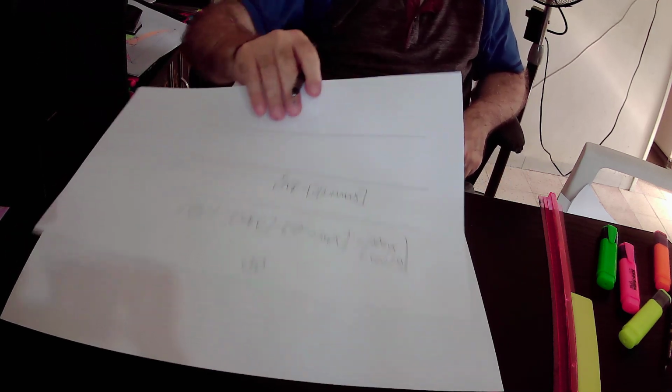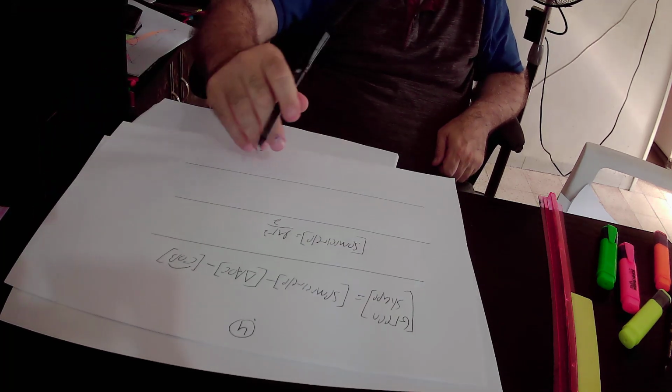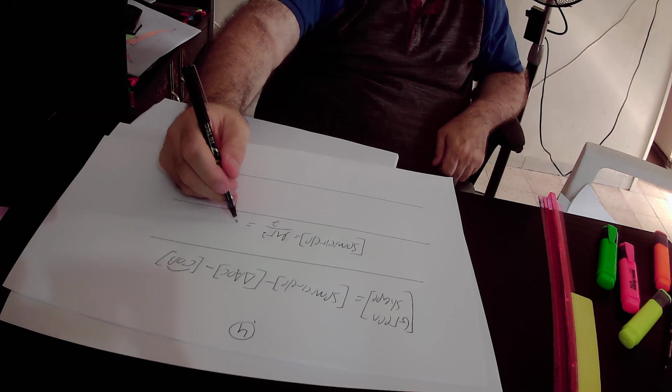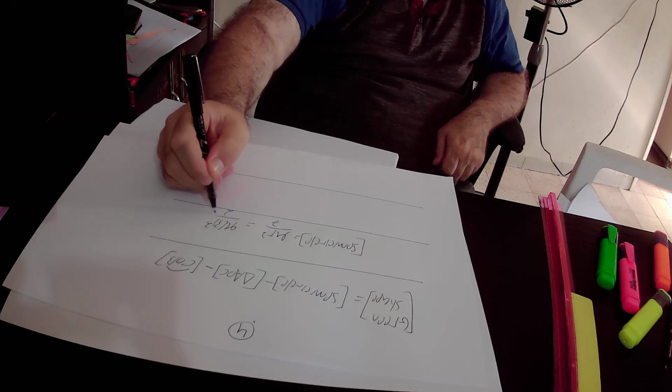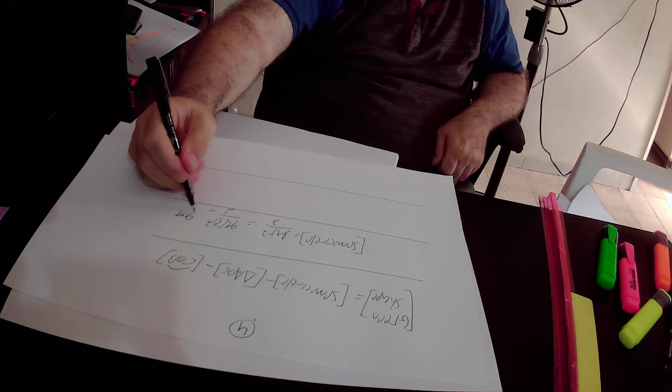R equals 3. It is the radius of the semicircle. So r squared is 3 squared. So in total, this expression equals pi times 3 squared over 2. 3 squared is 9. So in total, this expression will be equal to 9 pi over 2.